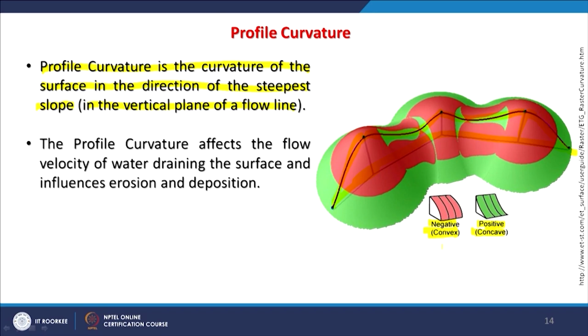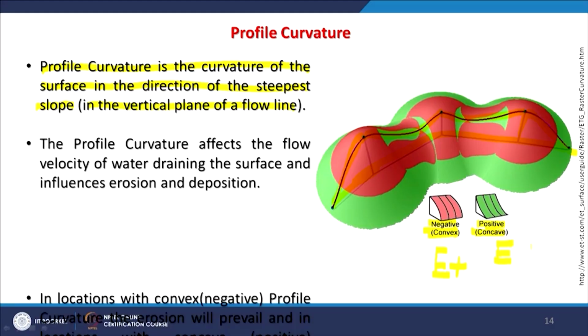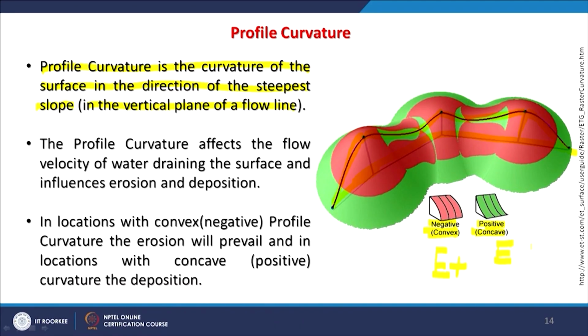So, negative or convex profile curvature will have more erosion, say E plus, and this will have simple E or may not be E at all. So, it influences the erosion and deposition processes. In locations with convex, that is negative, profile curvature, the erosion will prevail, and in locations with concave profile curvature, the deposition might be there.